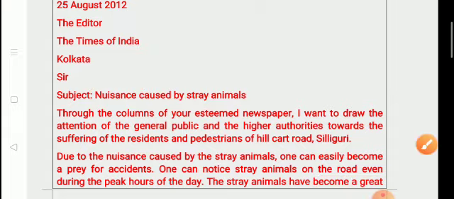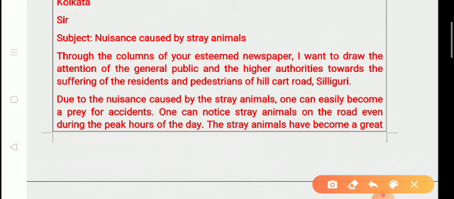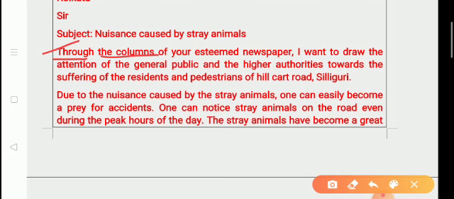We start this way, the content part, the body part. In the first paragraph, we draw the attention of the higher authorities through the columns of your esteemed newspaper. I want to draw the attention of the general public and the higher authorities towards the suffering of residents and pedestrians of Hillcart Road, Siliguri.